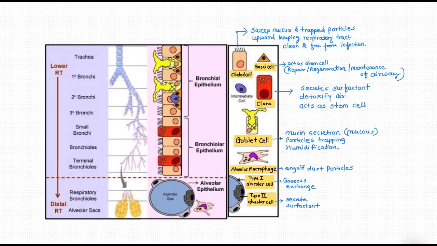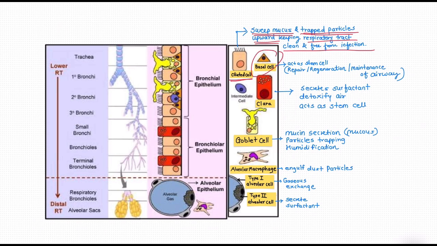Now in this slide, you can see the different kinds of cells we discussed. These are ciliated cells, which are helpful for sweeping mucus and trapped particles upwards, keeping the respiratory tract clean and free from infection. So the main function of the ciliated cell is sweeping and cleaning the tract. Then comes the basal cell.